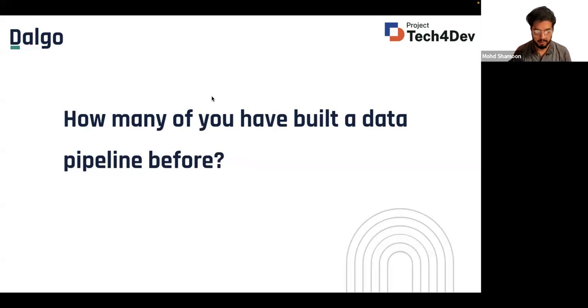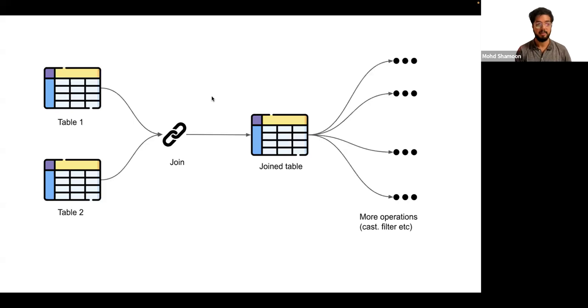All right. So if you haven't built a data pipeline, or don't know what a data pipeline is, it's the process where you take the data from your source tables, do some transformations on that, and then eventually load that data into your warehouse. So a usual pipeline takes the form of ingestion, transformation, and then finally the loading part. Now I'm specifically talking about the transformation pipeline, where you take multiple tables and perform various operations on them.